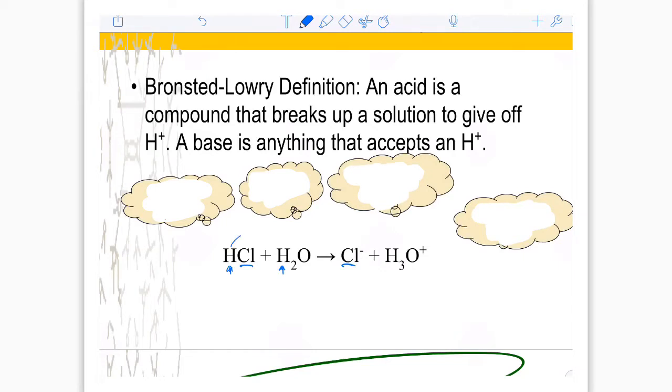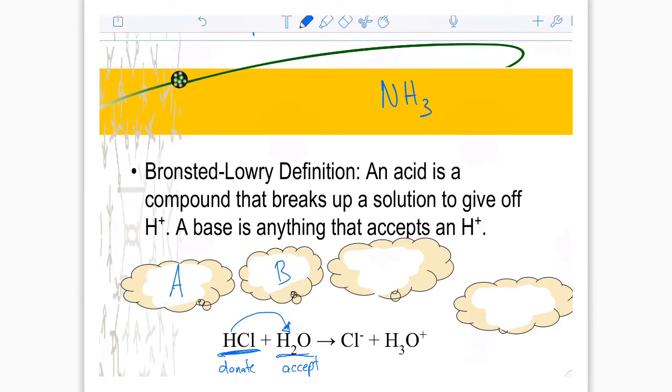The H has traveled over to here and we see that this has turned into an H3O+. So by definition, we would say that the HCl is losing the H+. It's donating, right? And then this one is going to accept. So since this is donating, just like in the Arrhenius, that's going to be my acid. And since this one is accepting, it's going to be a base.